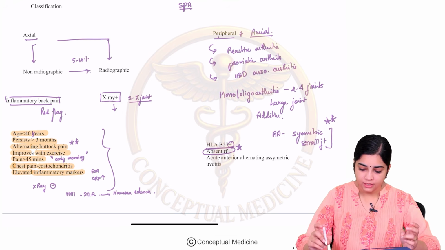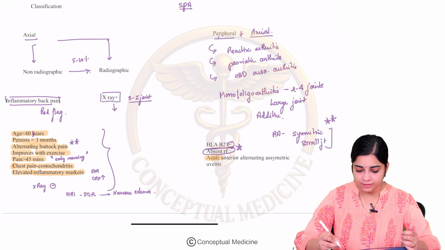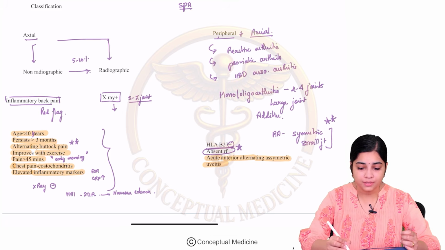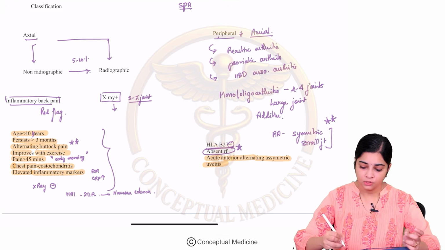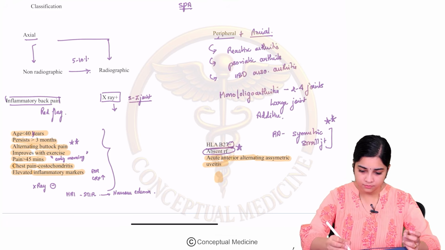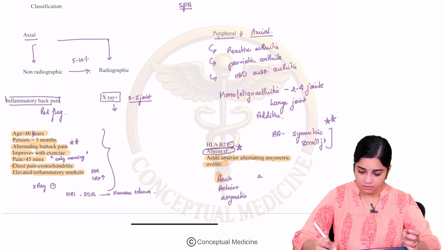Alright, then another very, very important feature which may or may not be present, but if it is present, it is more in favor of a peripheral SpA, is the presence of uveitis. Which is acute anterior asymmetric alternating uveitis.